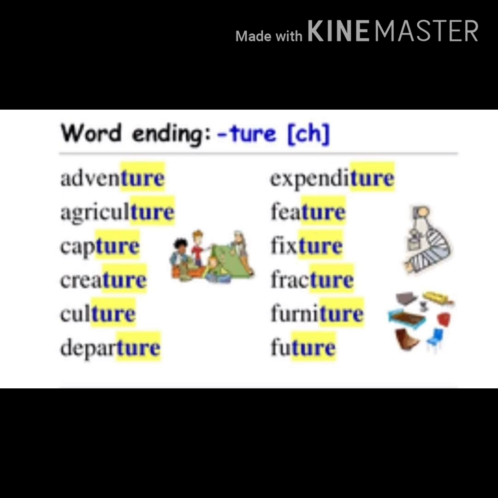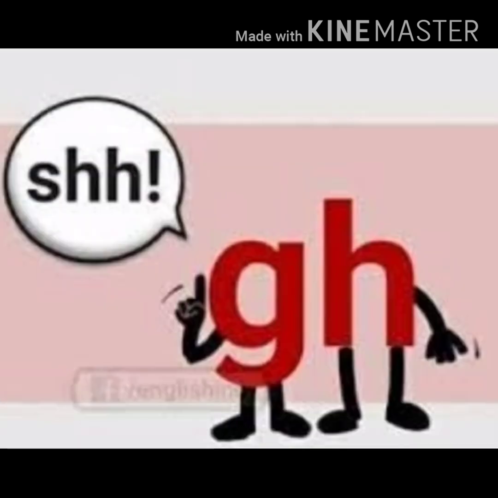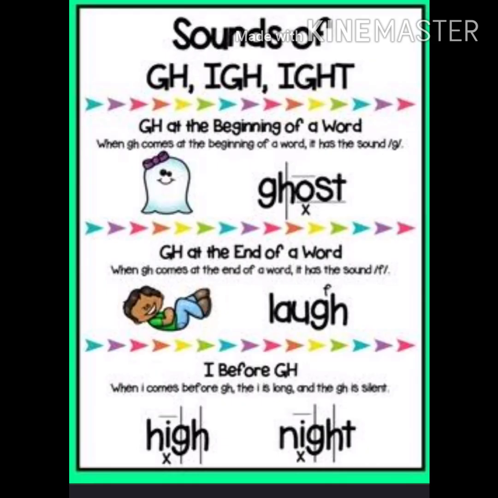Okay, fine. GH together are pronounced differently, because sometimes we say it like a g, sometimes we use no sound at all, it's silent, and sometimes we use it as an f. Let's have a look. So we say ghost at the beginning of a word, go, okay, ghost.